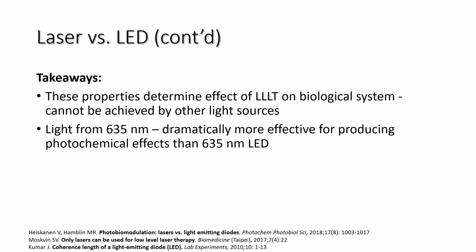So the takeaway is very simple, and this was through multiple studies. Properties that determine the effectiveness of low-level laser in the biological system cannot be achieved by other light sources. Light from a 635 nanometer laser is dramatically more effective for producing photochemical effects than a 635 nanometer LED.